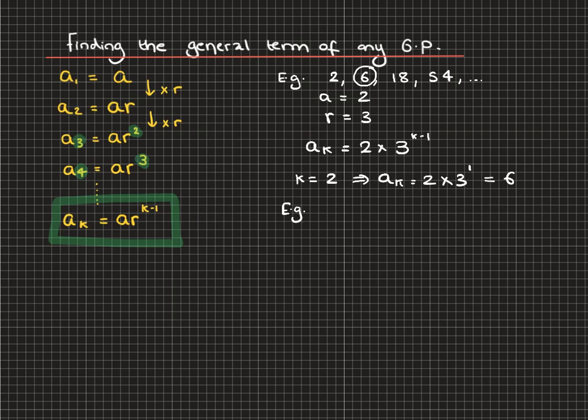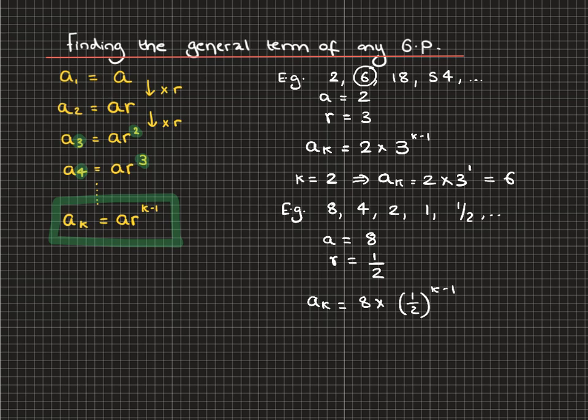So what about the second example we had? We had 8, 4, 2, 1, a half. In this geometric progression, the first term is 8, so A equals 8. The common ratio is a half, and so AK is equal to 8 multiplied by a half to the power of K minus 1.